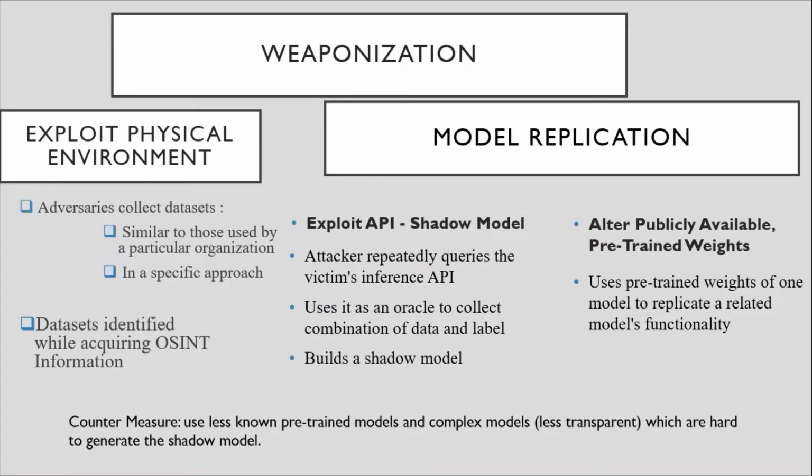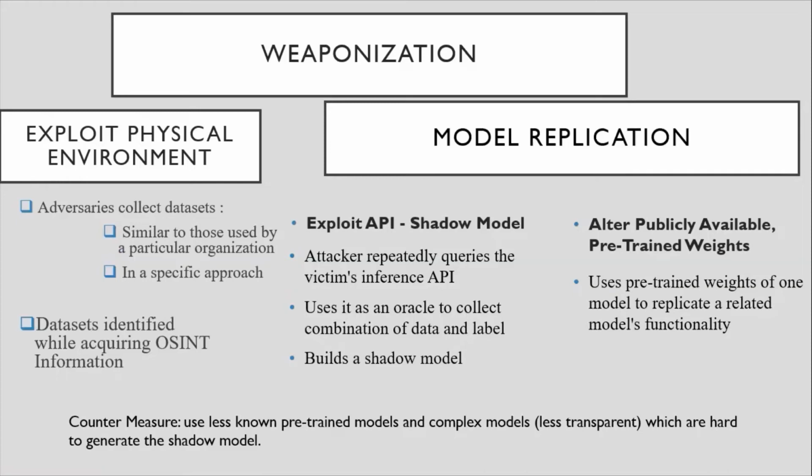The next stage is weaponization. In this stage, two things are done: exploiting the physical environment, which is done with the first stage. The adversary collects the datasets, collected using open source information, and based on that, the adversary can create the model. It can also get the model by exploiting the API. It will create a shadow model.